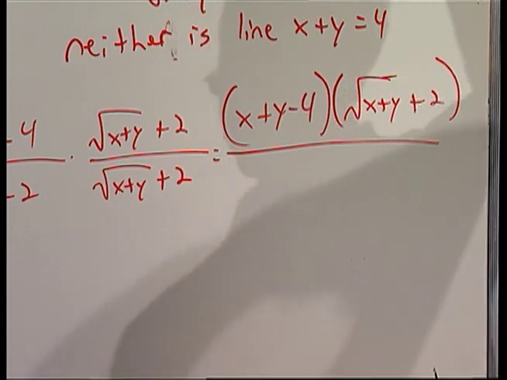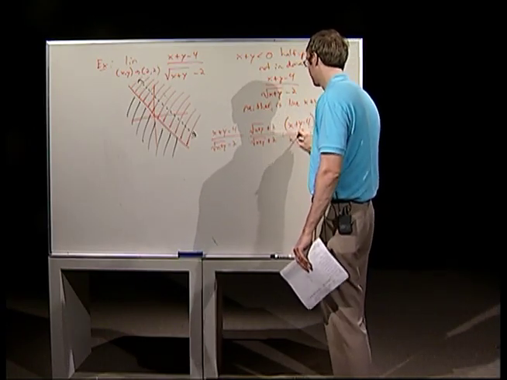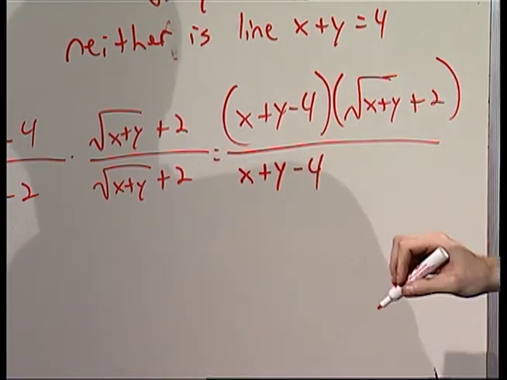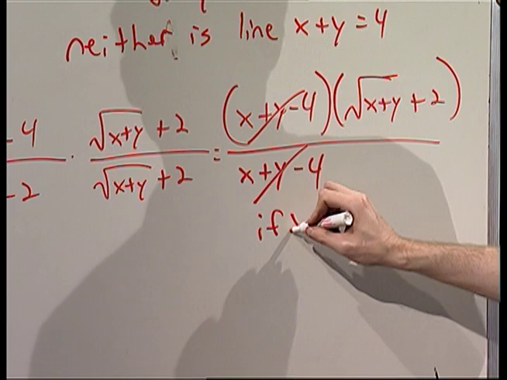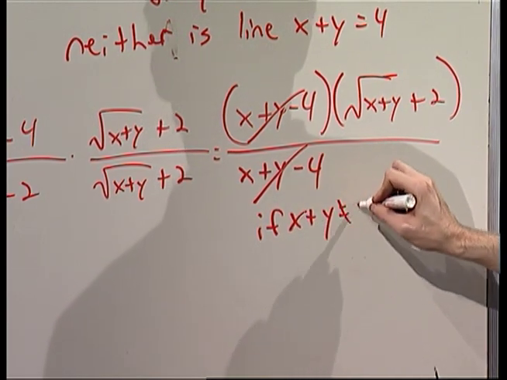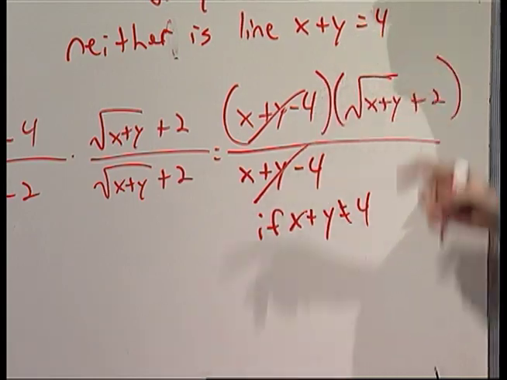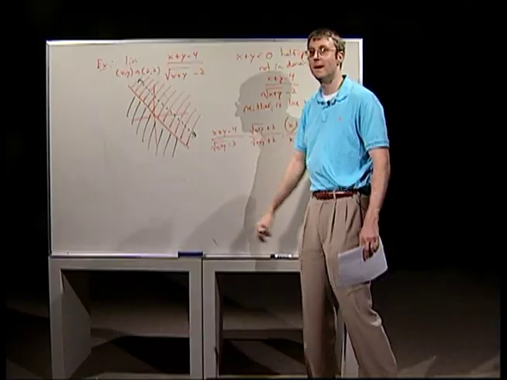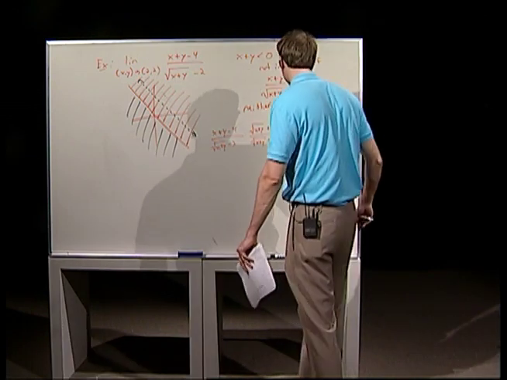In the bottom, the roots cancel, which is good, so the roots are gone. We're left with just x plus y minus 4. Take notice that these can cancel as long as x plus y is not 4. Lo and behold, x plus y cannot be 4. This is not in the domain. We cannot approach the point 2, 2 along that line.